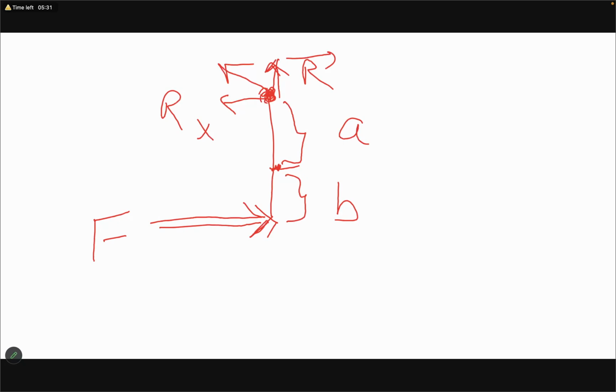You can write that down. Both are measurements with respect to the center of mass, and they are interchangeable, by the way. A being the reaction as measured from the center of mass, and b being the point of impact as measured from the center of mass. Fine? Yes, sir.